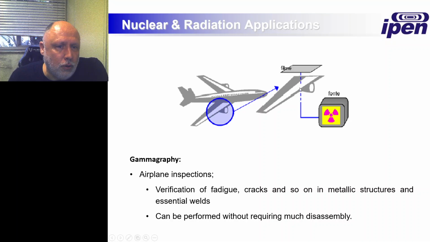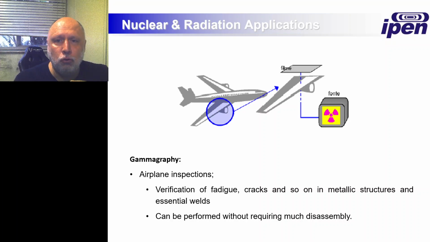It's used, for instance, in airplanes. If you want to check the integrity of the structure of the airplane without dismantling it, or with very little dismantling, you know the critical points, where there are welds that are essential, where there are structures that are subjected to more stress. Then you do just a quick stop, and this can be done in a few hours.